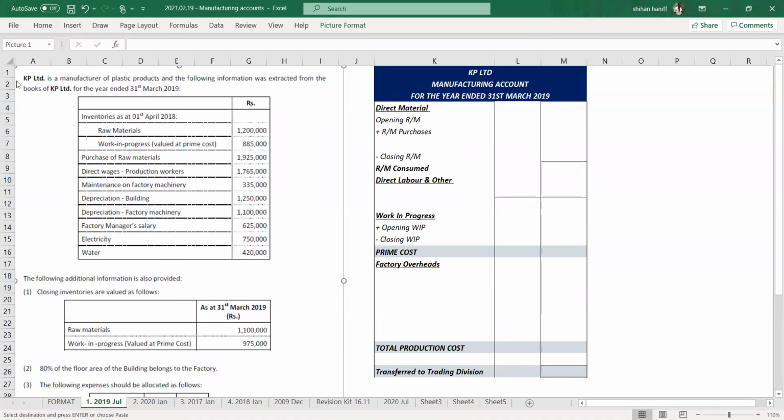So this is KP Limited, manufacturer of plastic products, and the following information was extracted from the books of KP Limited. Inventories: raw material, work in progress, valued at prime cost. So here they have specially mentioned valued at prime cost. So we need to write the work in progress adjustment before the prime cost. Purchase of raw material, direct wages, maintenance of machinery, building depreciation, factory machinery depreciation, factory manager salary, electricity, water.